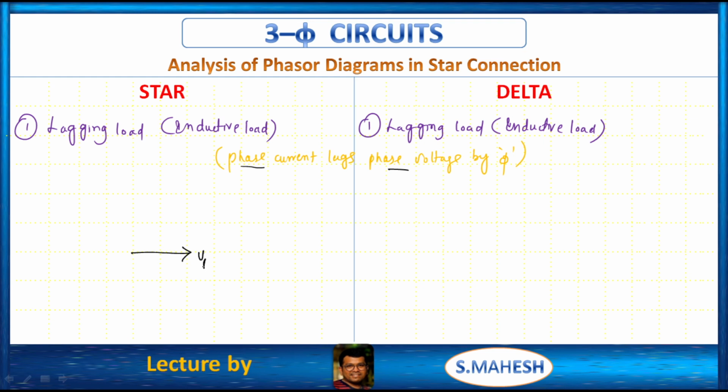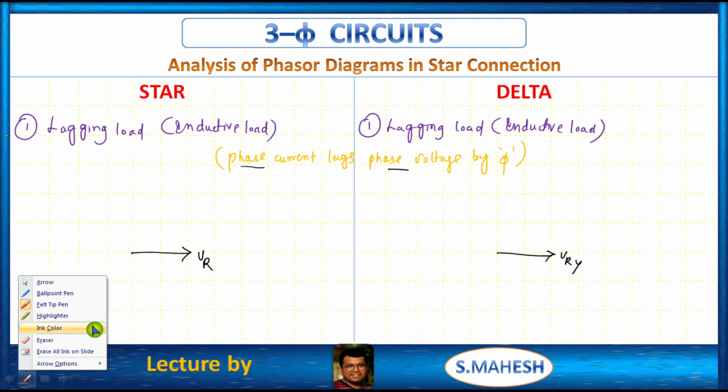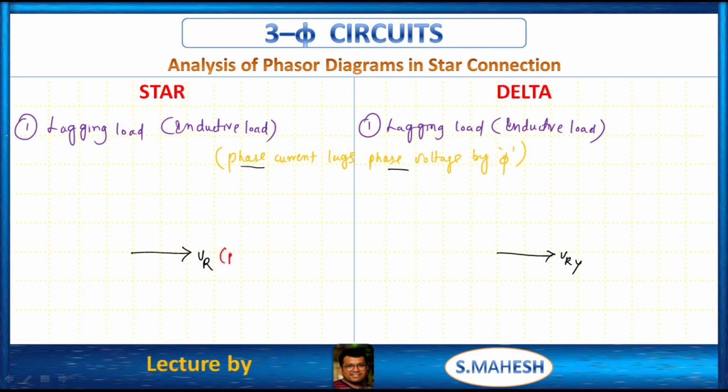First you have to draw phase voltage. In case of star, phase voltage is VR. In case of delta, the phase voltage is VRY. If we have any confusion, just write here: this is phase voltage in delta. But in case of delta, phase voltage is equal to line voltage.